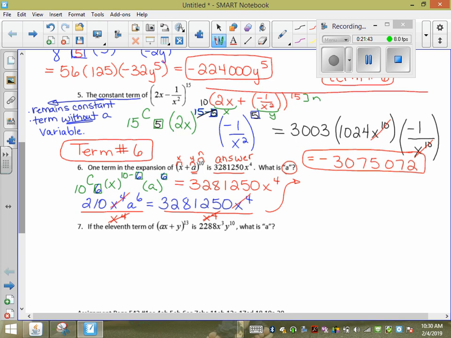So we're going to get 210 a to the 6 equals 3,281,250. Next operation, divide by 210. A to the 6 equals 15,625.